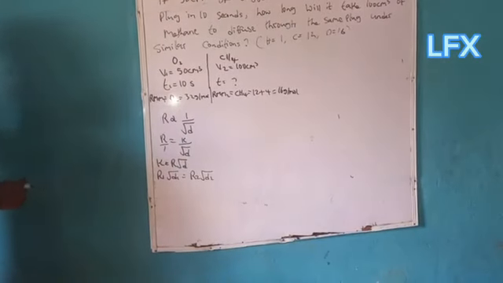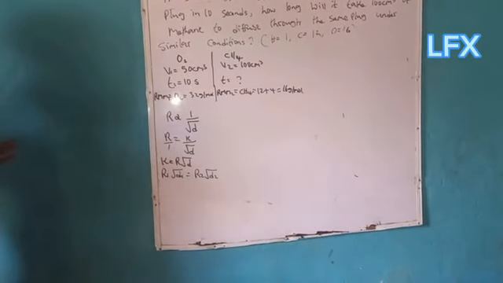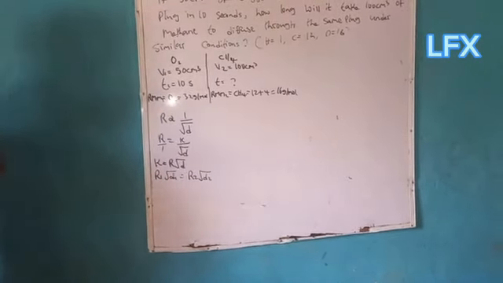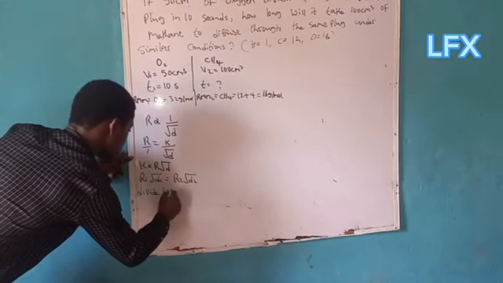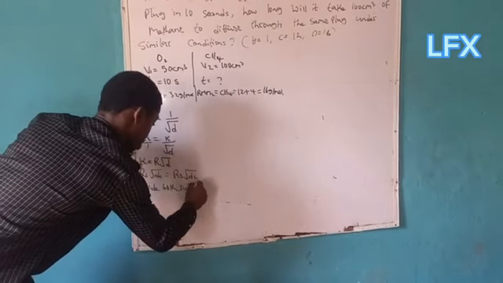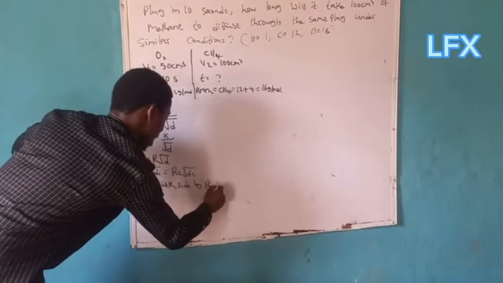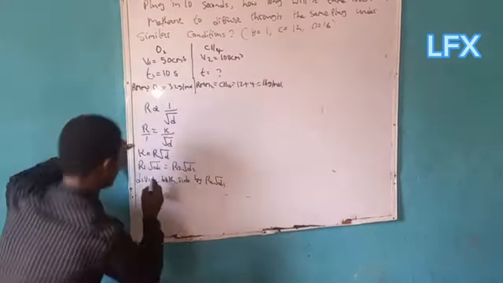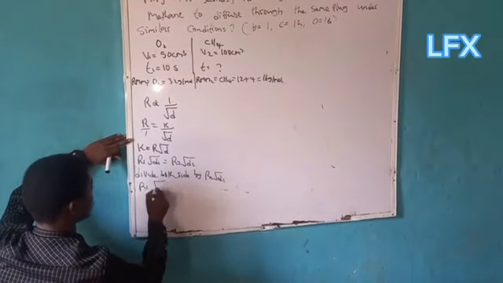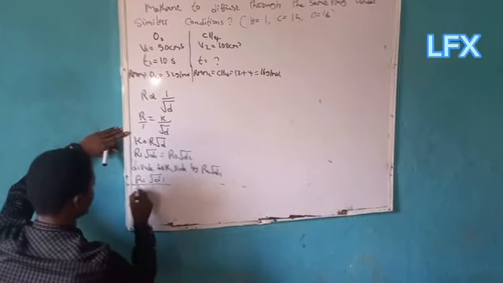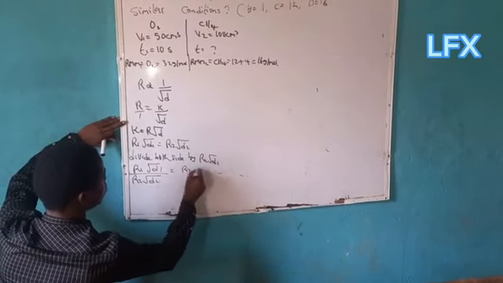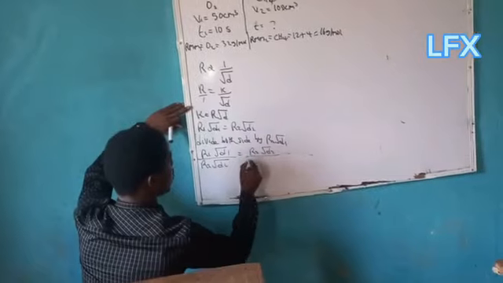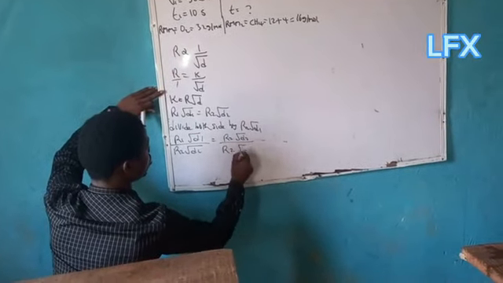So I can divide both sides by R2 root D1 in order to rearrange. R1 root D1 divided by R2 root D1 is equal to R2 root D2 divided by R2 root D1.